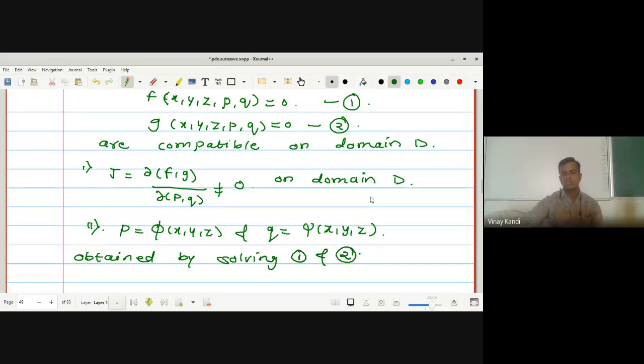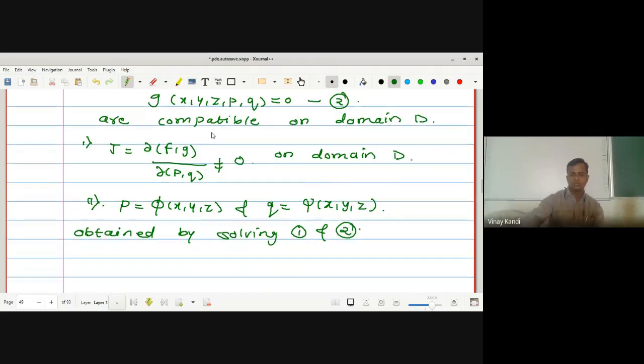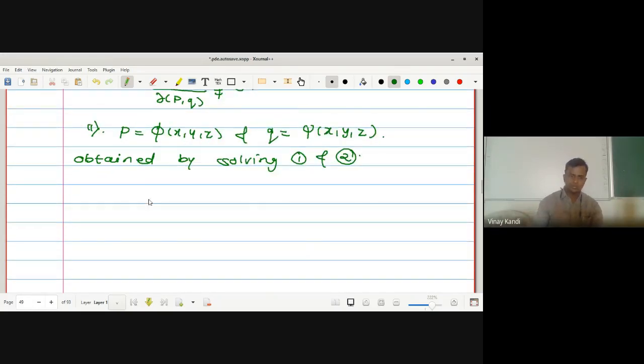By solving these two equations, we get the values of P and Q. And dz is equal to phi of x, y, z into dx plus psi of x, y, z into dy. This is equation number 3, and this equation is integrable.